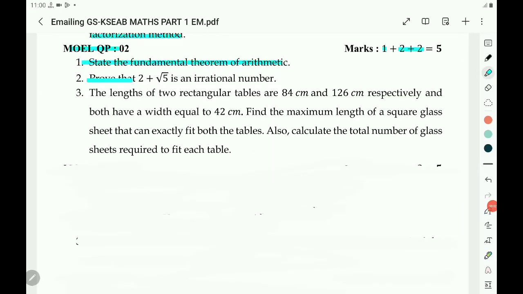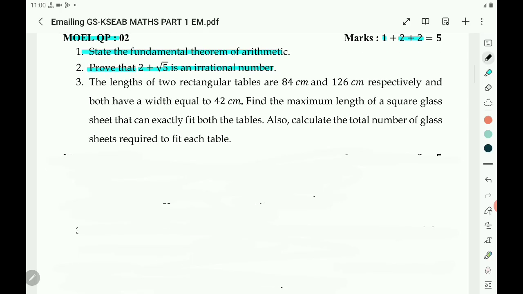Second question, prove that 2 plus root 5 is an irrational number. Let us prove this. What is the question? Prove that 2 plus root 5 is an irrational number.